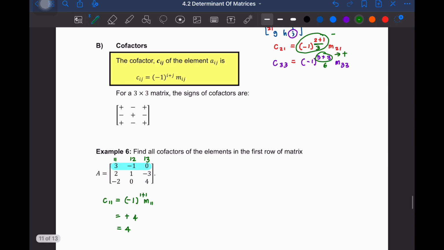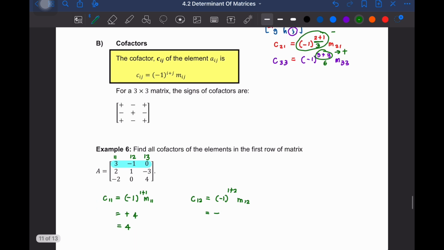Then the next one is C12. C12 is negative 1 to the power of 1 plus 2 with the minor of 1, 2. Negative 1 to the power of 3 will become negative, and the minor of 1, 2 we already found, it is 2. So this is our answer.